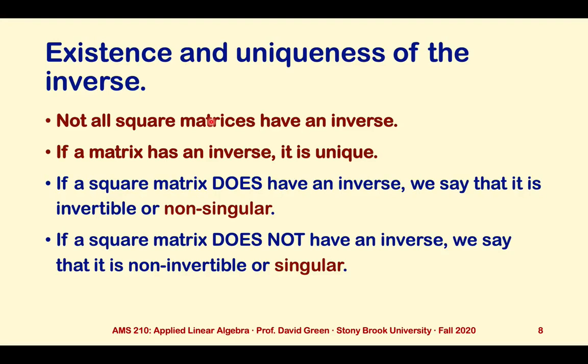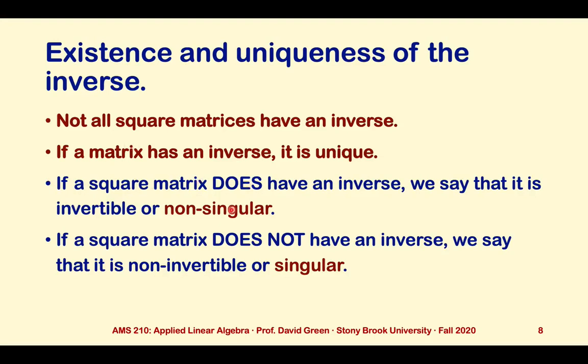Some do, but some do not. Secondly, if a matrix does have an inverse, it is unique. So if there is a matrix that satisfies the rules of the matrix inverse for a given matrix, there is only that one. There aren't more than one. In the same way that the inverse of a scalar is unique.